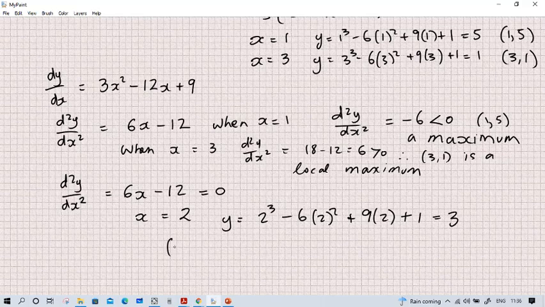So the point (2, 3) is our point of inflection.